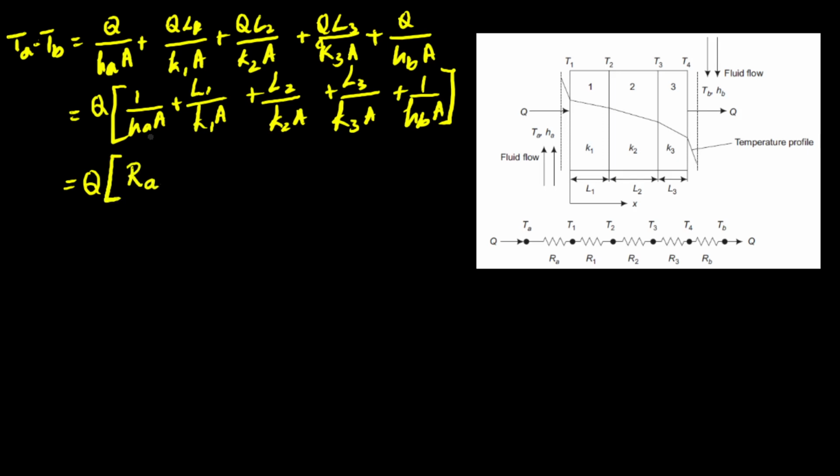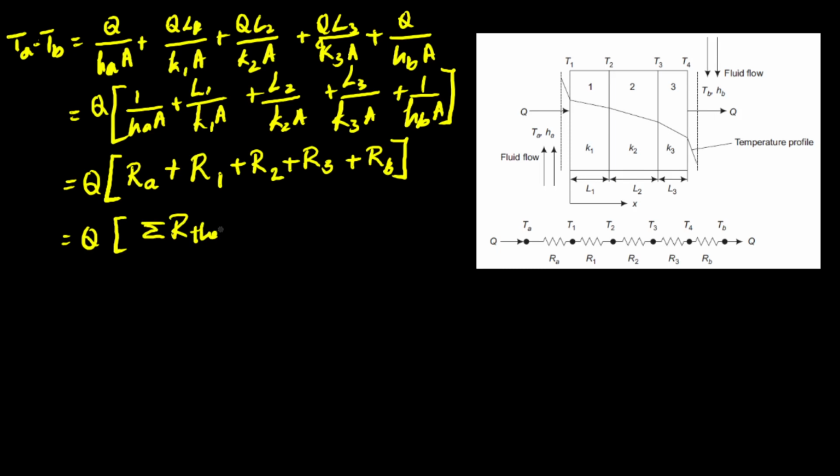Since we are using the abbreviation A here, I'll write it as RA, plus R for conduction through the first slab, R1, plus resistance for conduction through slab 2, R2, plus resistance for conduction through slab 3, R3, plus resistance for convective heat transfer on the right face, RB. Or I can write Q into summation of thermal resistance.